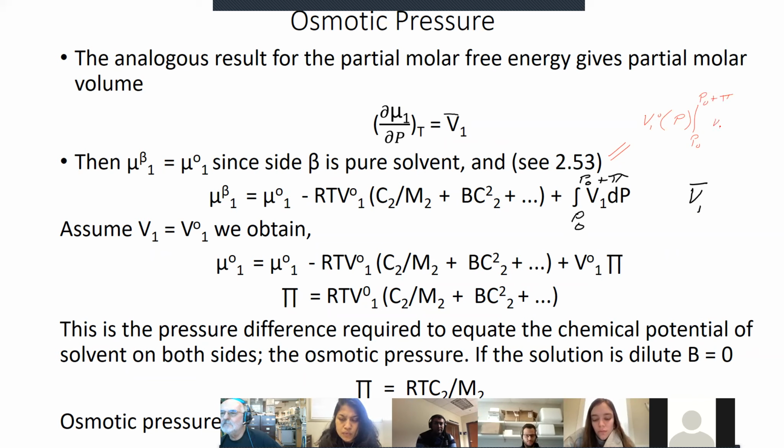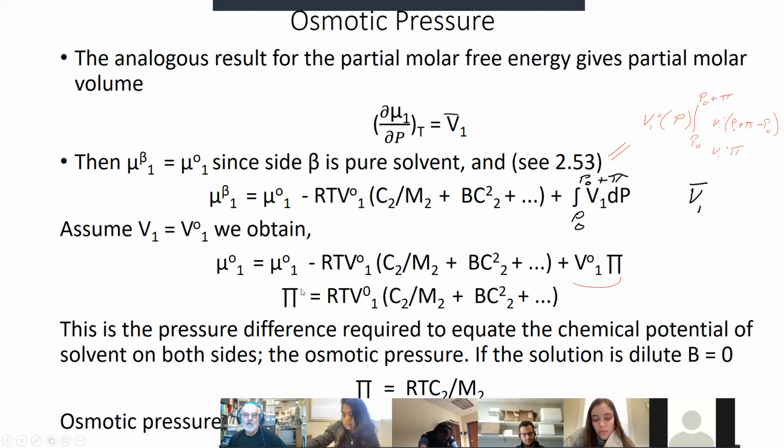So you get V bar 10 times P0 plus pi minus P0. So you get V10 pi. That's what you get right here. So that's a little reminder for integration. This assumes that the volume is not dependent on the pressure. So this is what the result is.